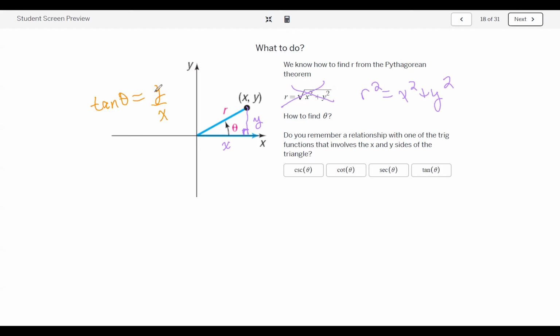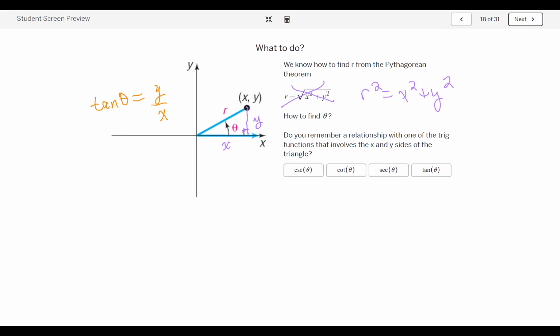Those are the two other formulas I give you for the polar coordinates. When I'm working from an XY point and I want to know what the polar point is, I use these two formulas because I can put in the X and the Y numbers and calculate R. I can put the X and the Y numbers in the tangent formula and then use inverse tangent to calculate theta. But there's a little caveat.